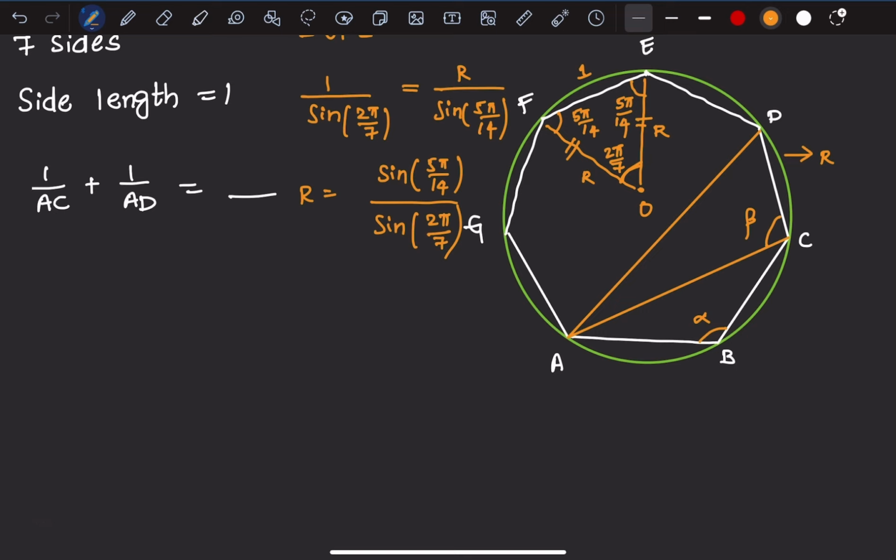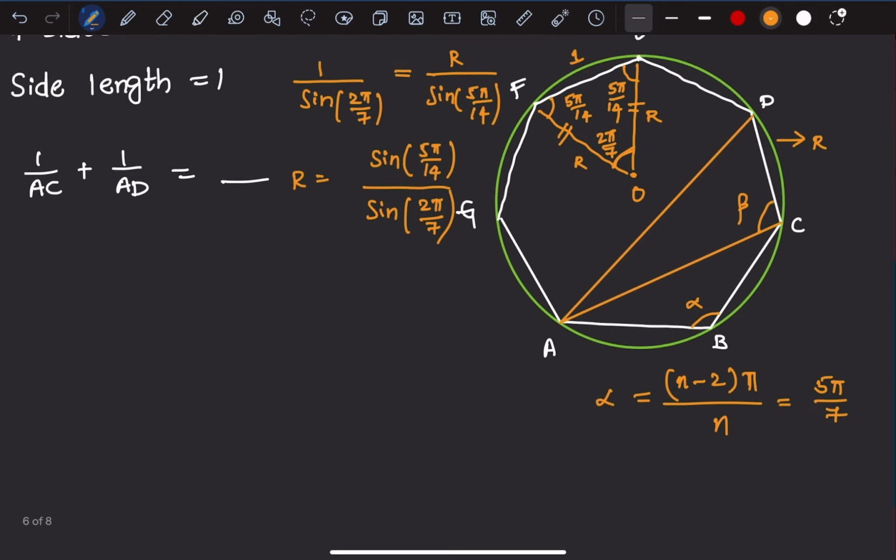Now let us find out what angle alpha is. Alpha is simply the internal angle of the polygon, which is given by the formula (n minus 2) times pi by n. So that is simply 5 pi by 7. Since AB is 1 and BC is also 1, these two angles will be equal, and each one of them will be pi by 7.